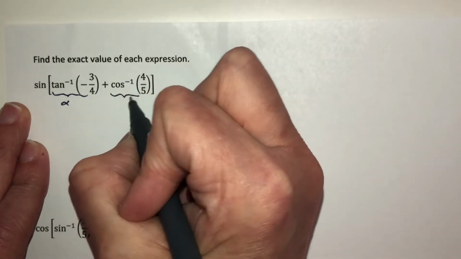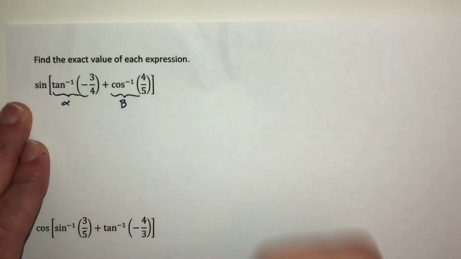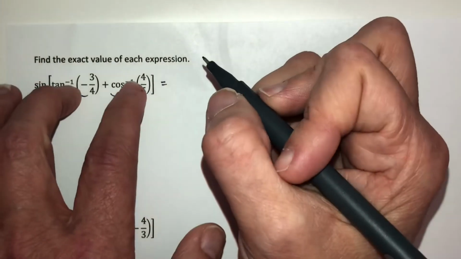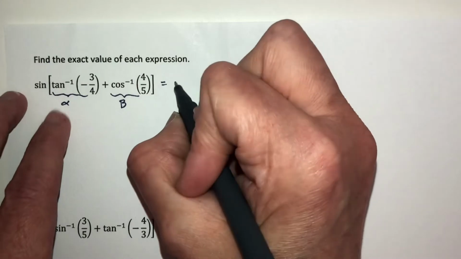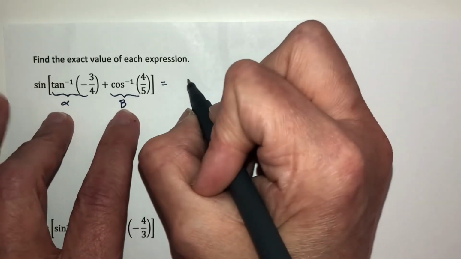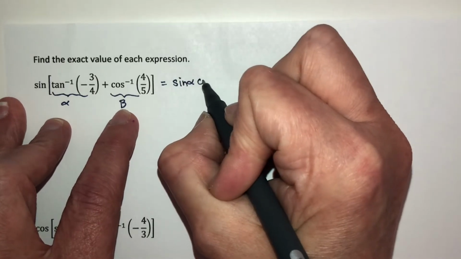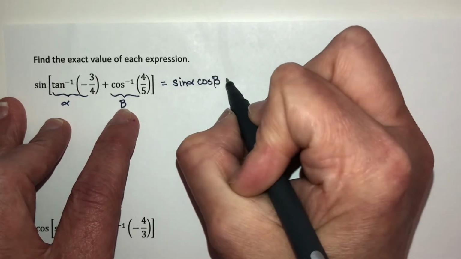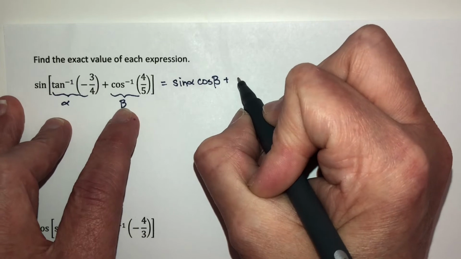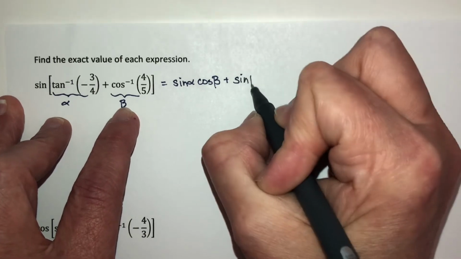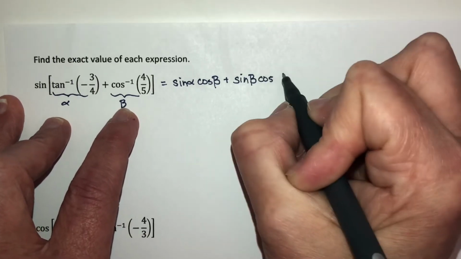And I can call this like a beta or an x and a y. So just ignoring this part for a second, this will be sine of two things added together. So sine alpha cosine beta plus sine beta cosine alpha.